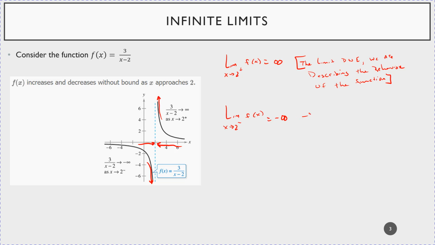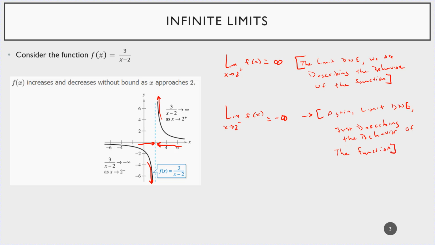Again, the limit does not exist. We're just describing the behavior of the function, and that's the concept we're going to talk about in this class.